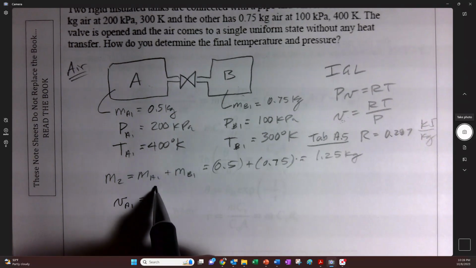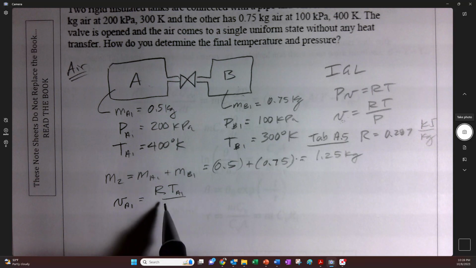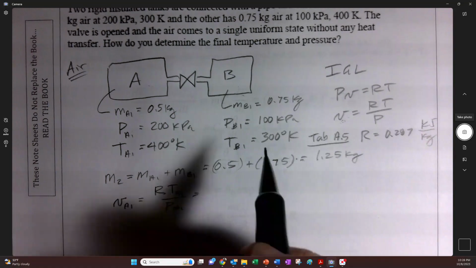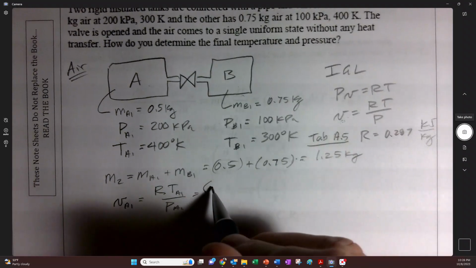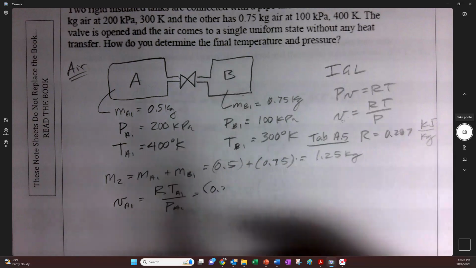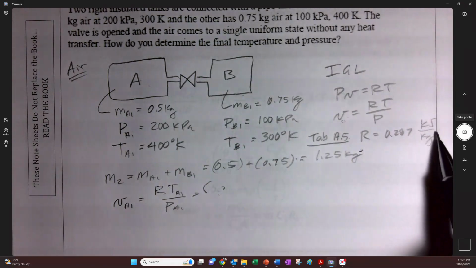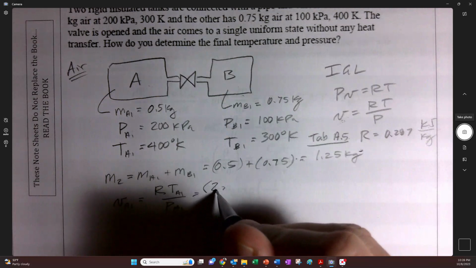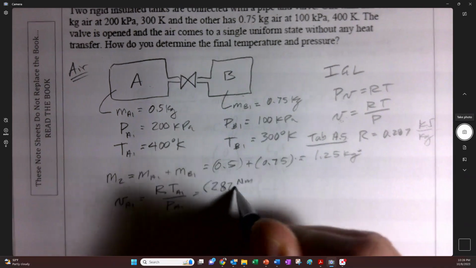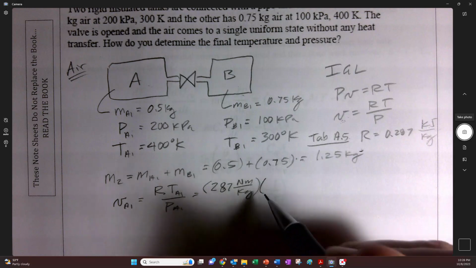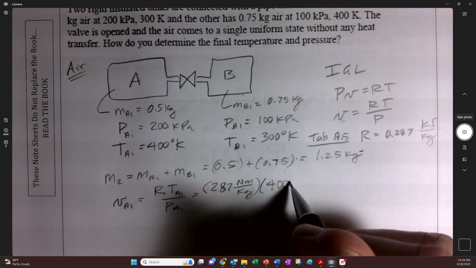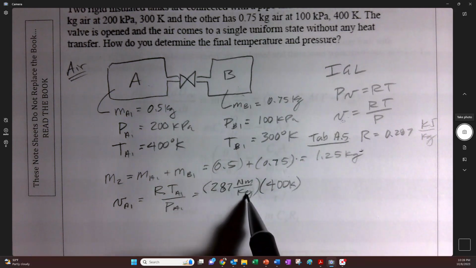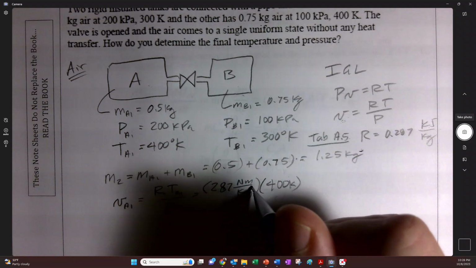That's going to be R times TA1 over PA1, and for the first time through let's use the units. The R is 0.287, but I like to make it Newton meters per kilogram Kelvin, so 287 Newton meters per kilogram Kelvin times my TA1, which is 400 degrees Kelvin.